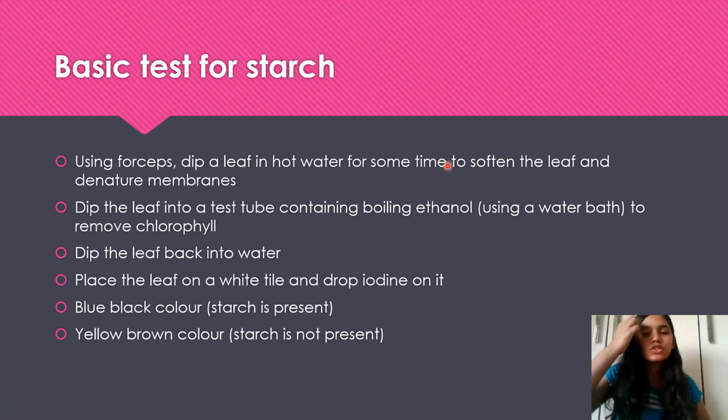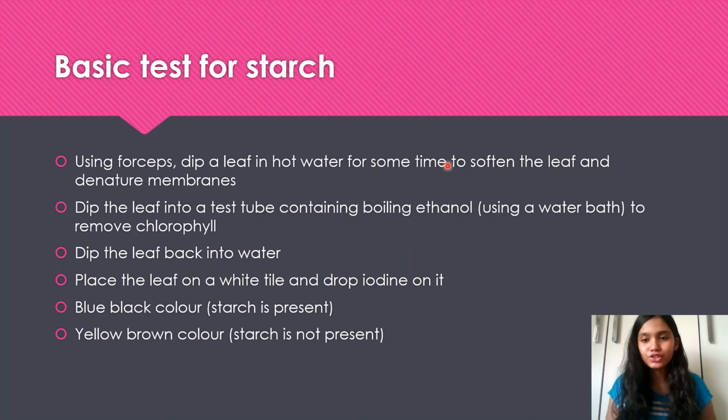Okay, so basic test for starch. As I told you in chapter 4, we had the starch iodine test where you add iodine to a sample that's allegedly containing starch, and a blue-black color means starch is present and a yellow-brown means starch is not present. So here the result color is the same, but the procedure is a little different because here you're testing with a plant leaf.